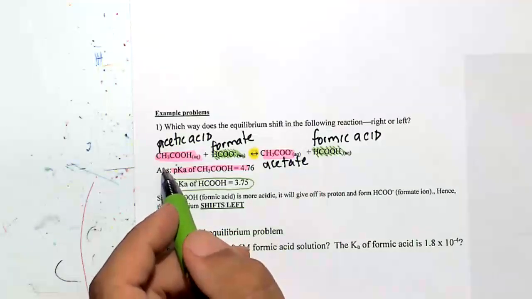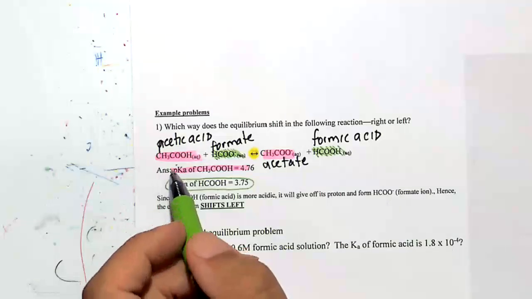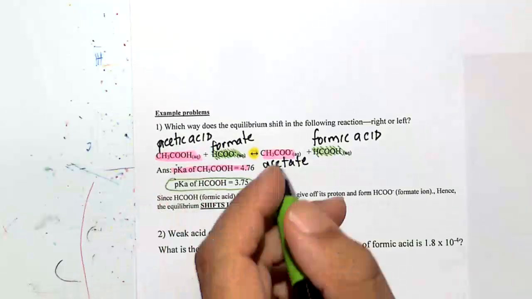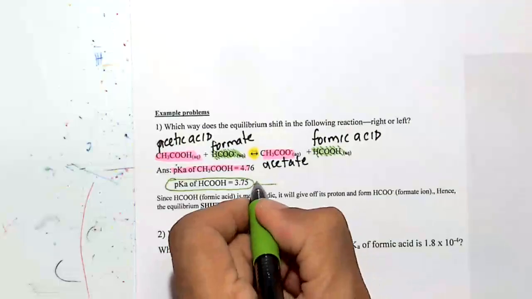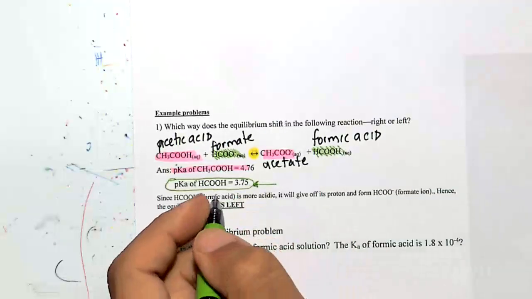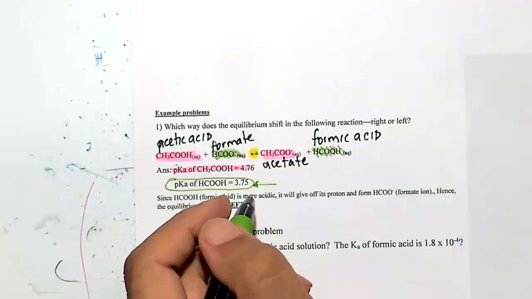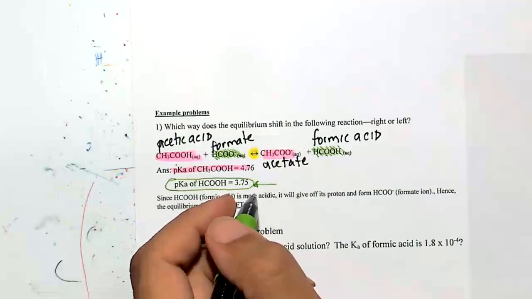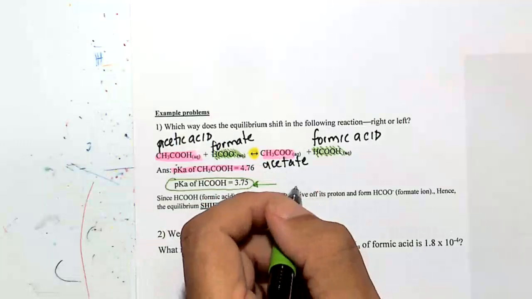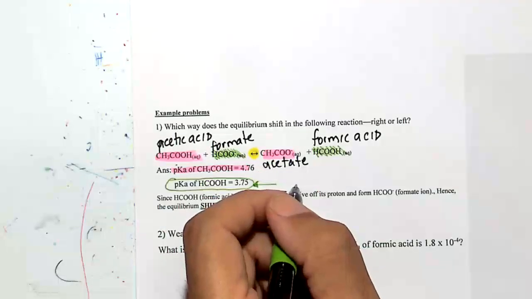Which is really good at protonating? Which is really good at donating its proton? Is it acetic or formic acid? It would be which one? Okay, why is formic acid the stronger acid, the better acid? Lower pKa, very good.